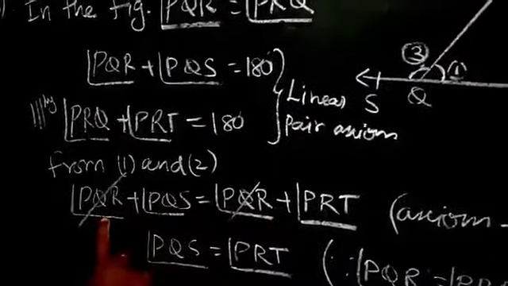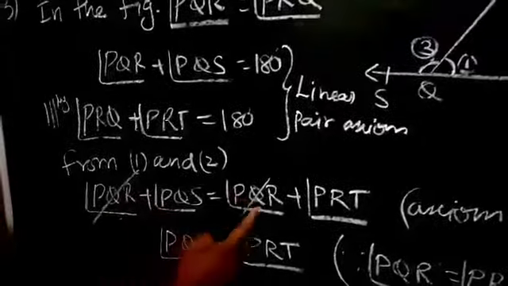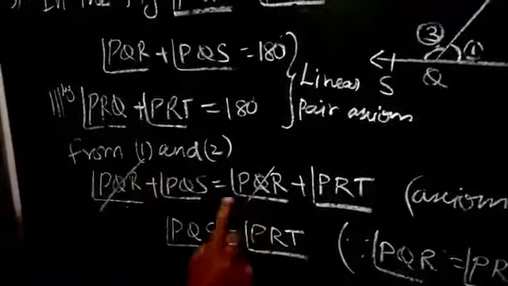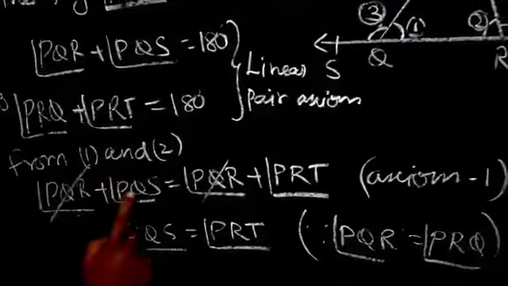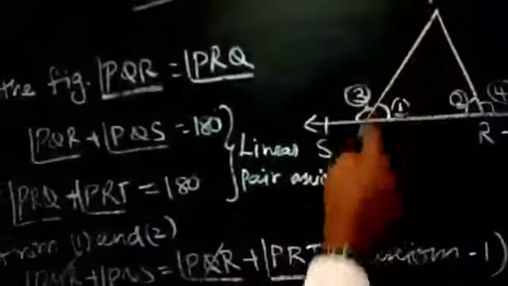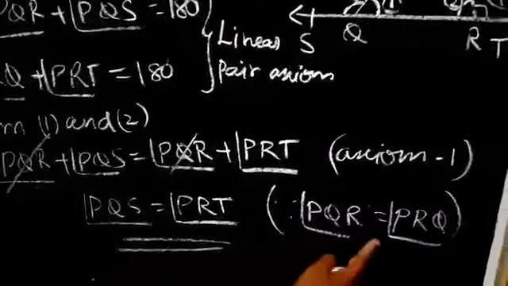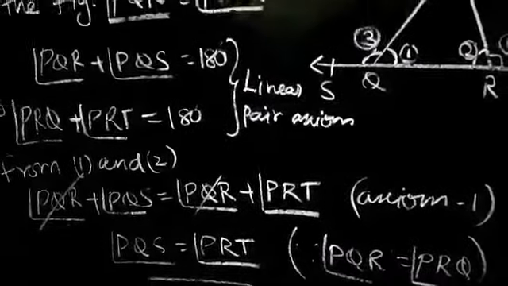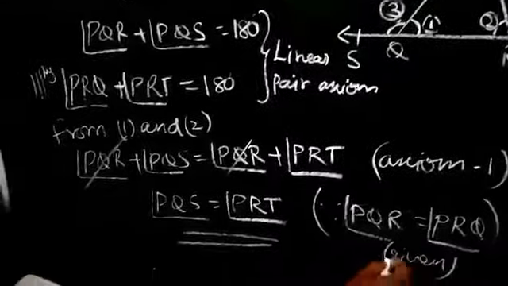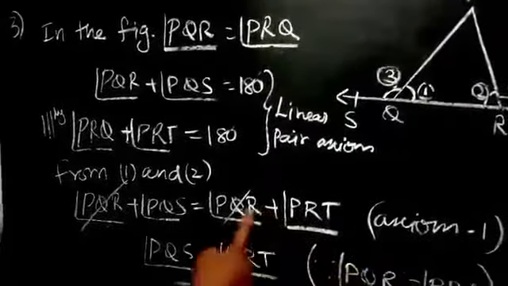So same thing, when we have it on both sides it will get cancelled. Then automatically PQS is equal to PRT. This is what we have to prove. This they gave in the question. The reason they gave, that's why I have applied it in this place.